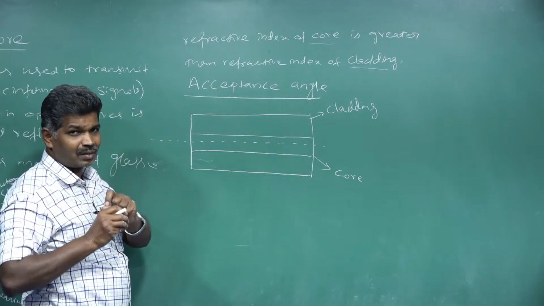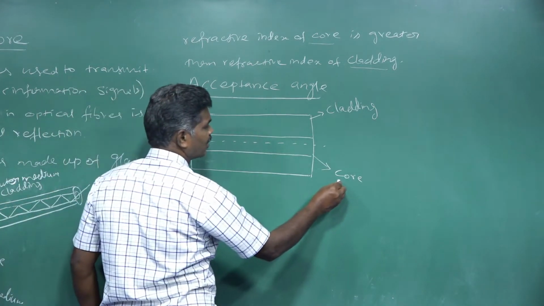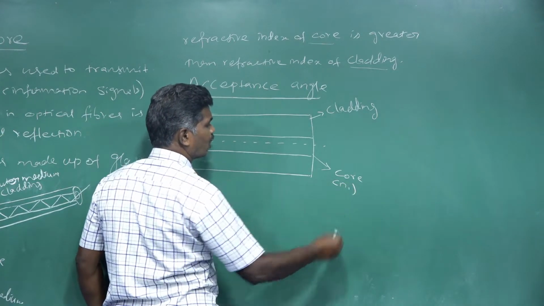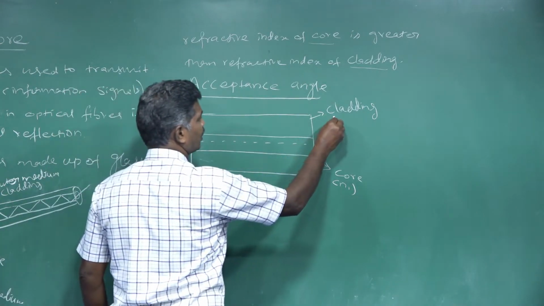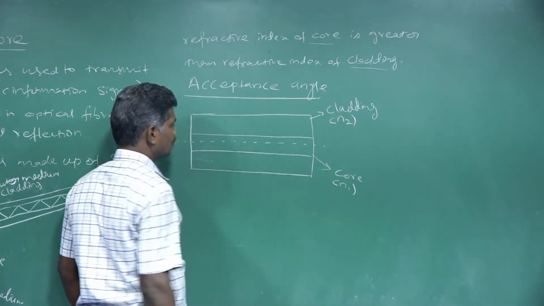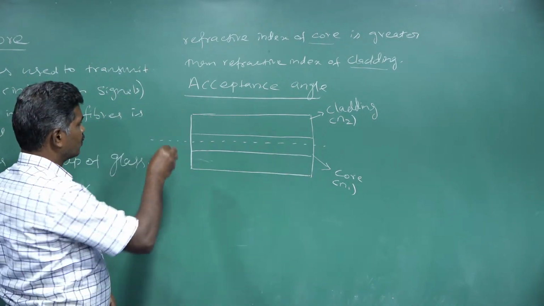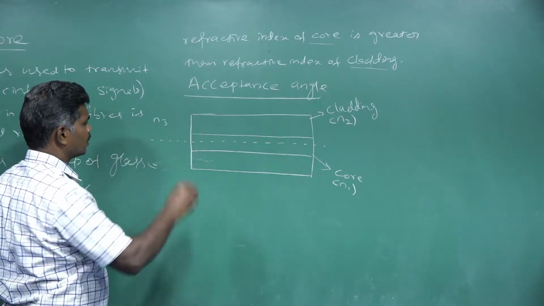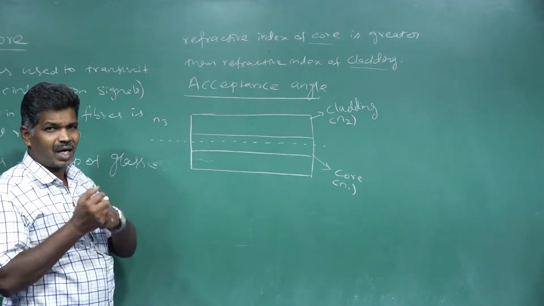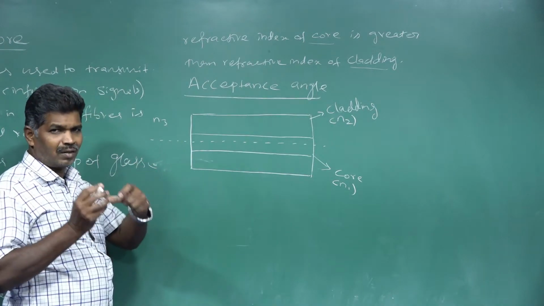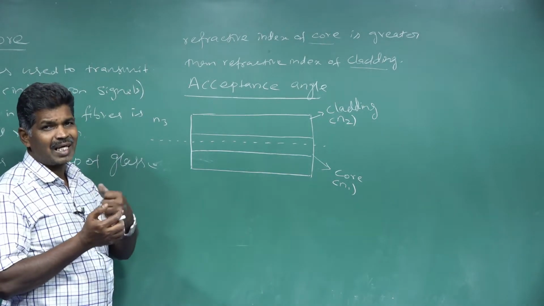Each one has a certain refractive index. The core refractive index we are denoting as N1. The cladding refractive index we are going to take as N2. The outer medium, generally an air medium, has refractive index N3. Our signal source is outside the cable, and the signal source generates light signals.